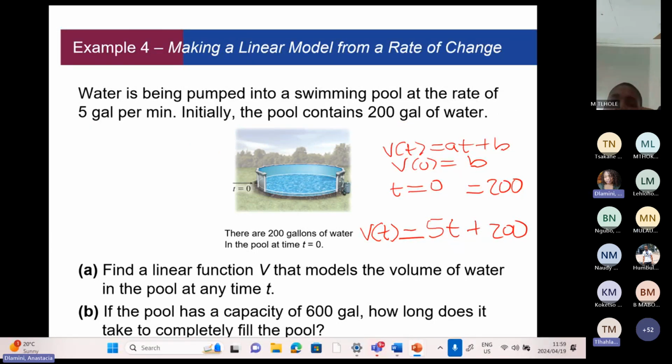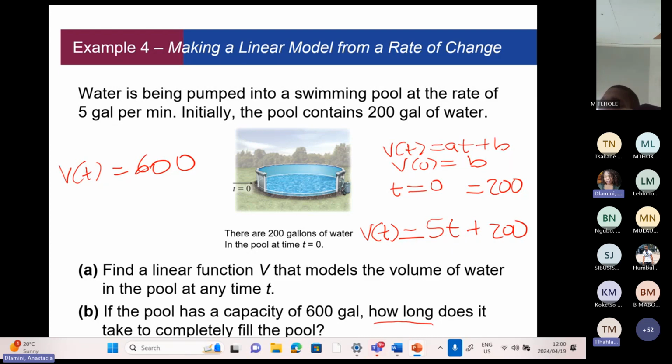Now they say if the pool has a capacity of 600 gallons, what do they mean then? That means v of t is equal to 600. How long does it take to completely fill the pool?